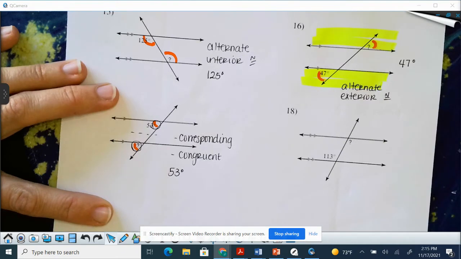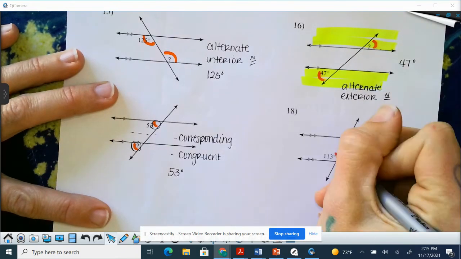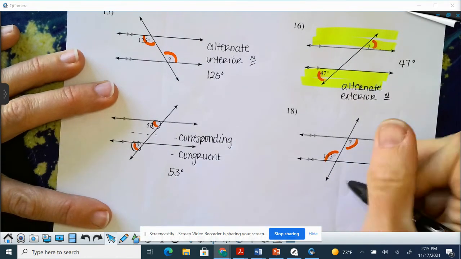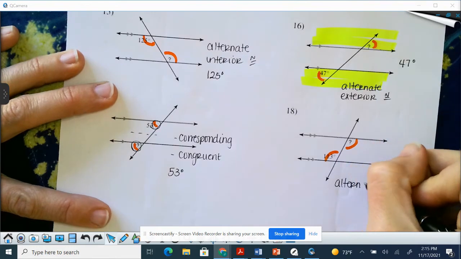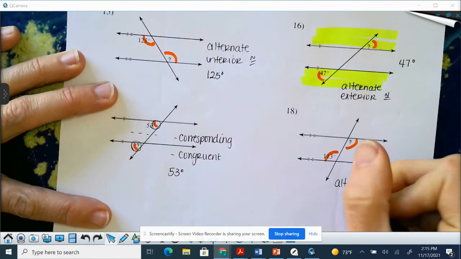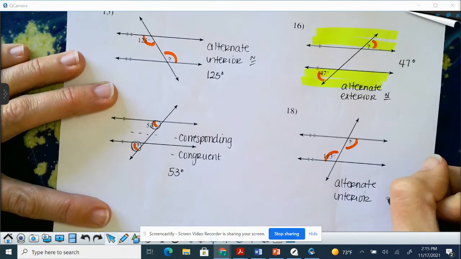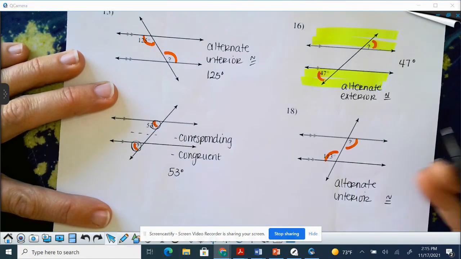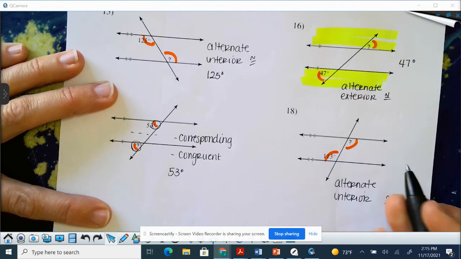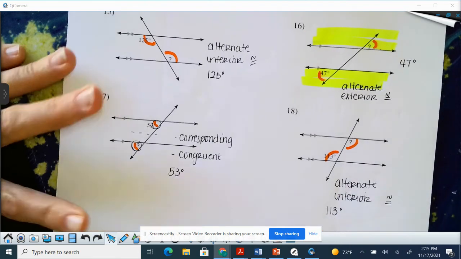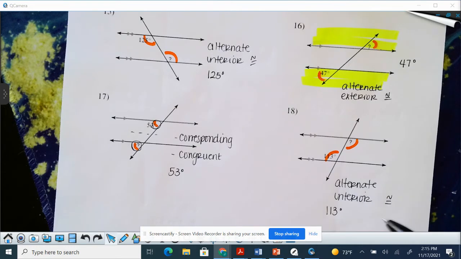Number 18. Alternating along that transversal, so alternate, because it's on either side of the transversal. Interior, because it's inside those two parallel lines, which we do know means that they're both congruent to each other. So because that is 113, this is 113 degrees. Now, you will not always get them, like they won't be asking for the angle that is the most obvious.